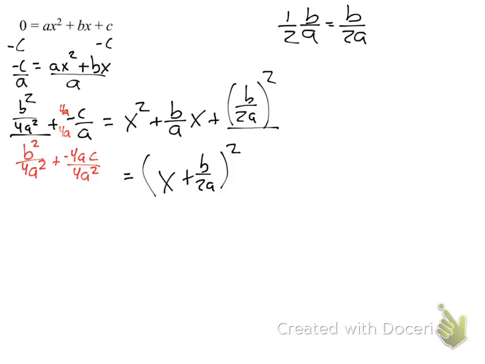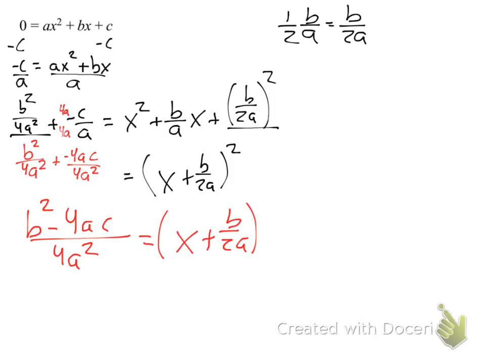Guys, now I'm going to put it together. Going to put this red stuff together. B squared minus 4ac all over 4a squared equals x plus b over 2a squared. All I did was combine the left-hand side.